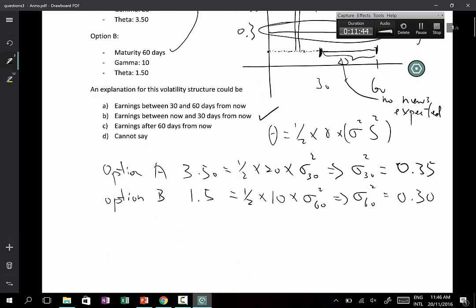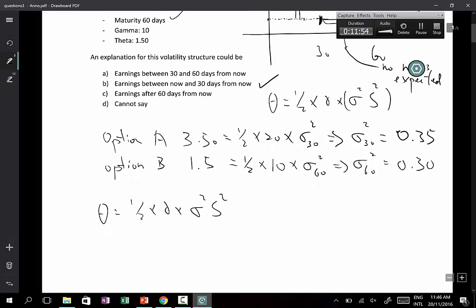Of course you can. Because if you have theta as a half gamma sigma square S square, the gamma theta ratio, if you take theta divided by gamma, is just a half sigma square S square. So you find that the ratio of one is higher than the other. So there must be something going on.